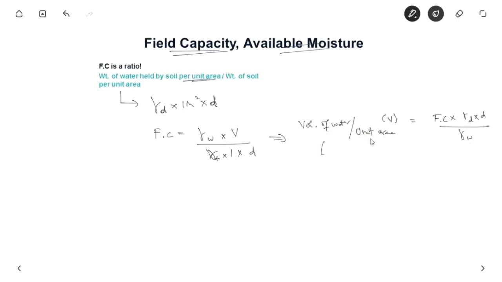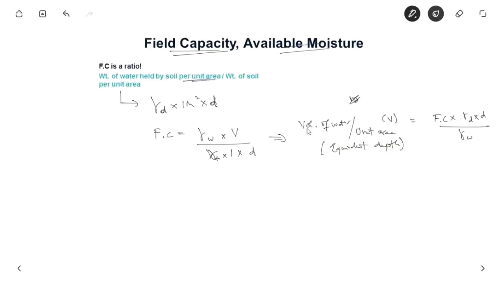The volume of water per unit area we can also call the equivalent depth, because the unit area is in meter square and volume in meter cube. When we cancel out, we just get a meter. It represents a single dimension, which we can also call the equivalent depth.